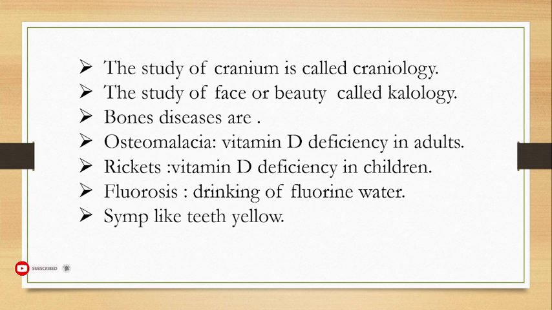Symptoms are weakness of bones, that is, bones becoming weak, and breaking of bones. So this is about osteomalacia, which mostly occurs in adults, due to vitamin D deficiency.